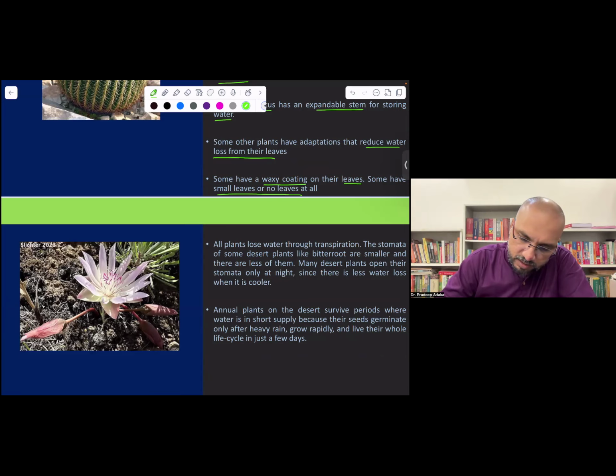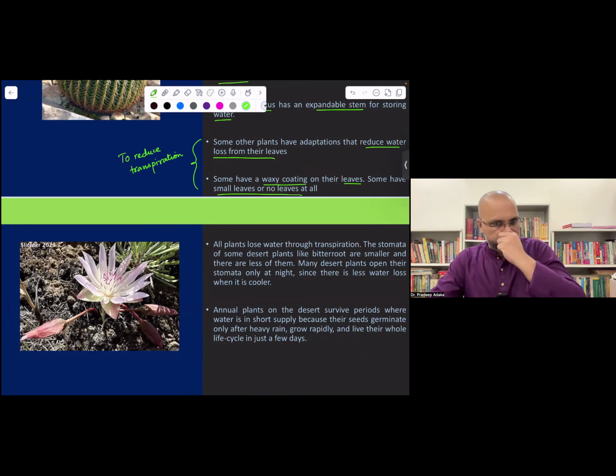These are all adaptations to reduce transpiration. Either they have very small leaves, or the leaves are transformed into spines, or they don't have leaves at all. The leaves are covered with a waxy coating to reduce transpiration.